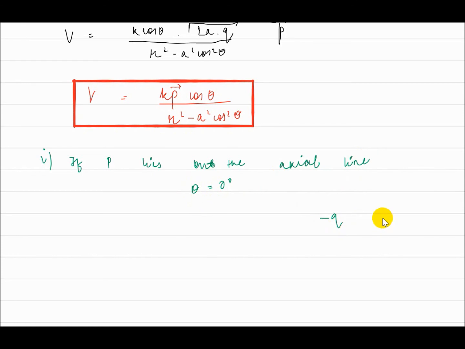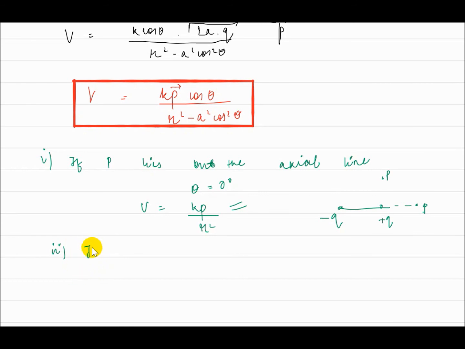If this is minus q and plus q, we had P here. But if P was here, then the angle it will make with the dipole will be equal to 0. So we get V is equal to kp upon r square. This we derived when we did electric potential on the axial line.